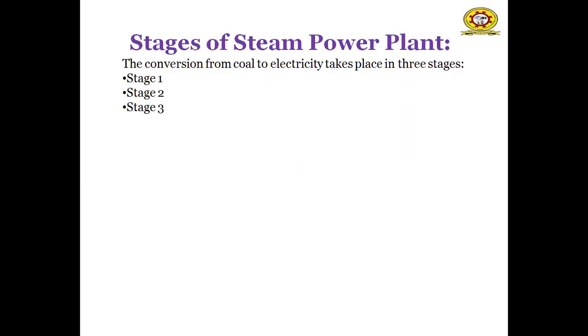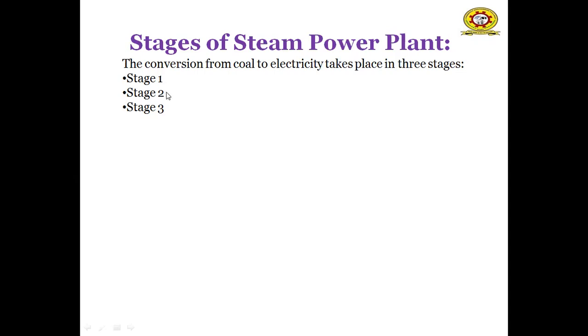Stages of steam power plant. There are three stages of steam power plant: stage 1, stage 2, stage 3. In stage 1, we take the boiler, where the combustion process takes place. In the second stage, the steam coming from the boiler enters the turbine through a valve, and the turbine, by rotating, produces the mechanical energy.